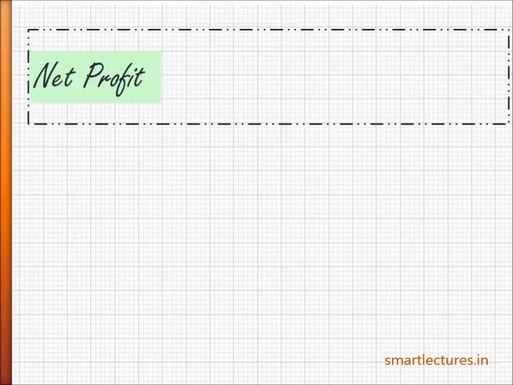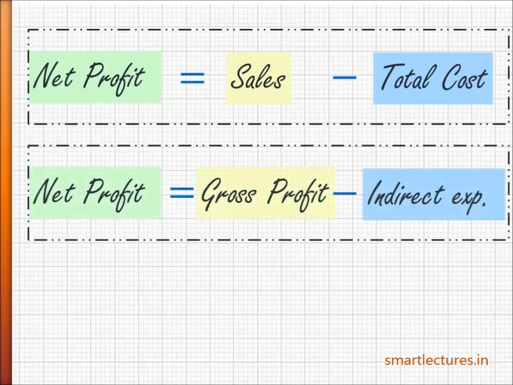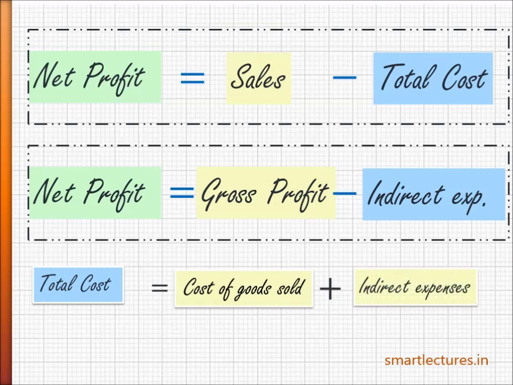Number one, net profit is equal to sales minus total cost, and number two, net profit is equal to gross profit minus indirect expenses. I'm assuming that there are no incomes in the business. Basically, I'm trying to teach you the basics of cost and profit. So in this way, net profit is equal to gross profit minus indirect expenses or sales minus total cost. And the total cost is equal to cost of goods sold plus indirect expenses.